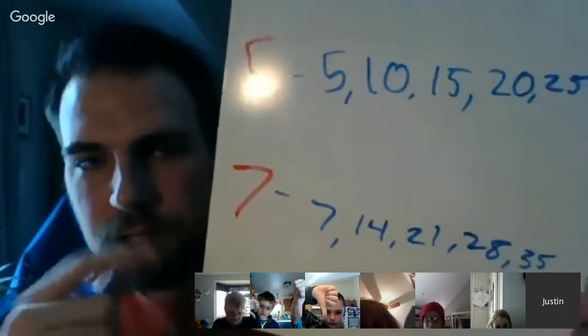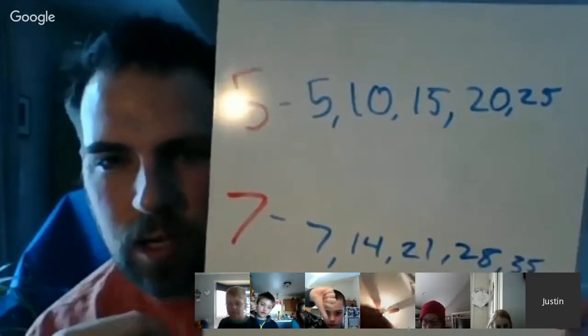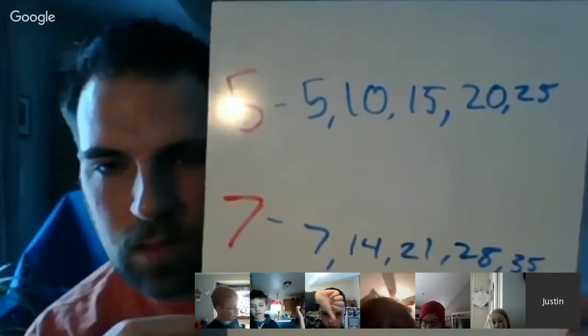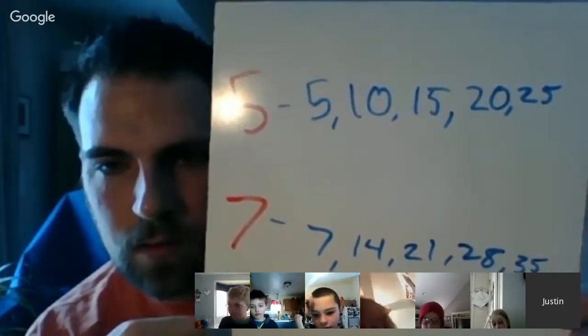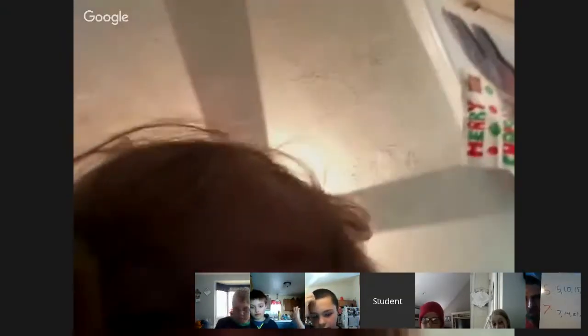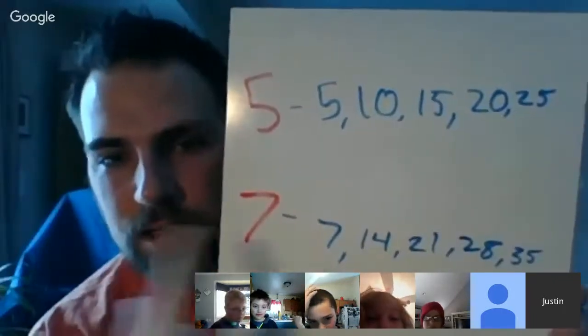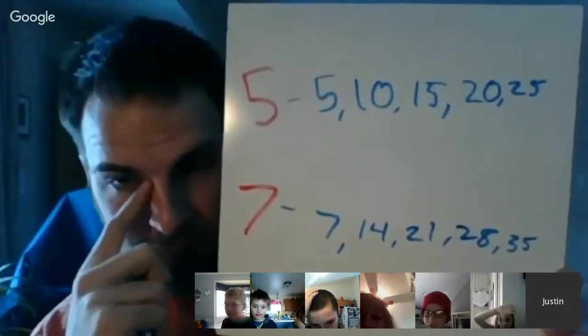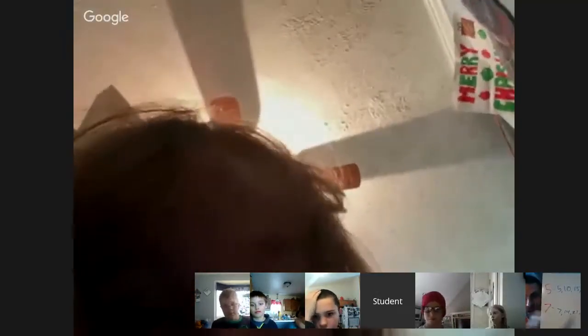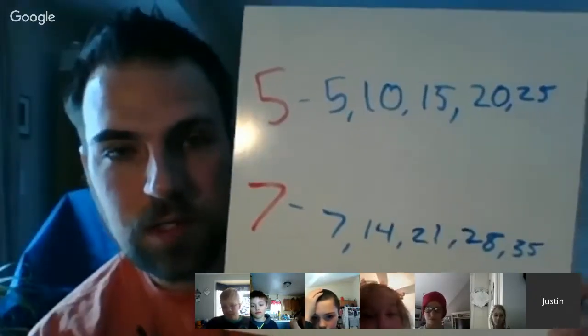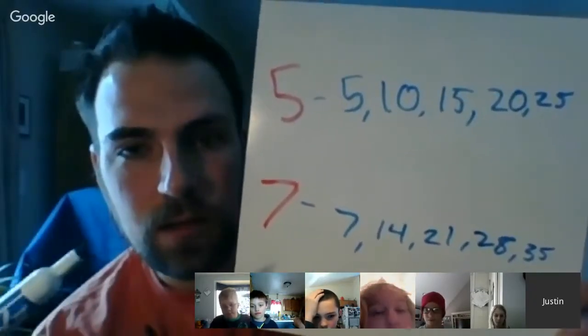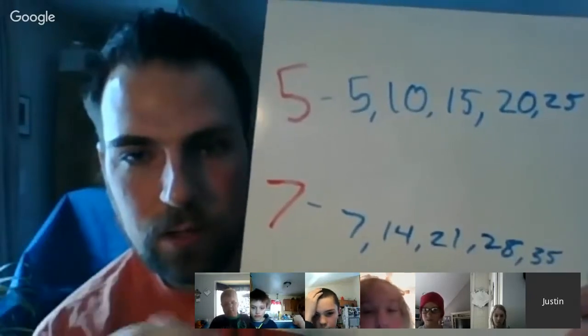Rebecca, do you understand what we're doing so far? Is this getting you caught up? Okay, so we're just listing out all of our products, like our times tables, basically. Okay. And then we're looking for matches, and we don't have a match right now. So Corinne told us we need to do the next 5 of each one. So let's go, Beth.